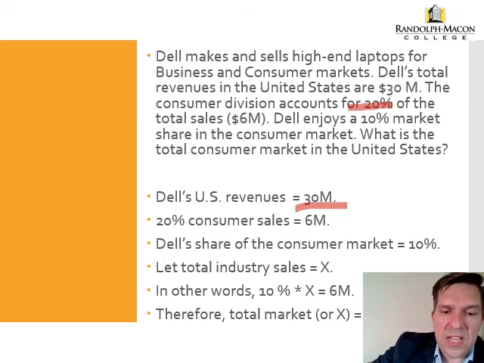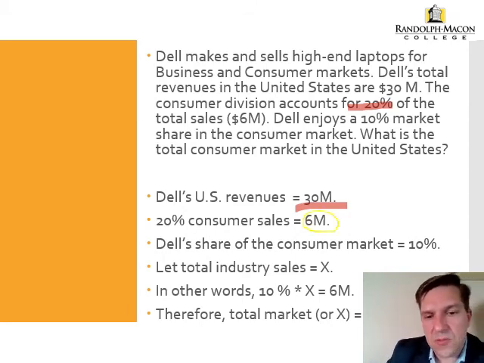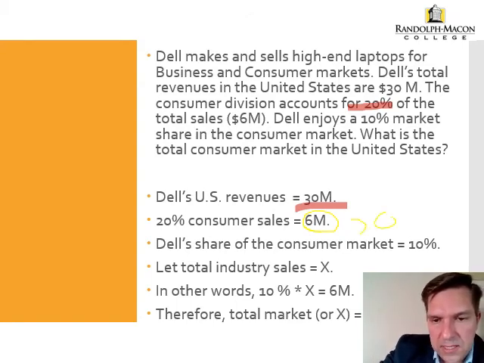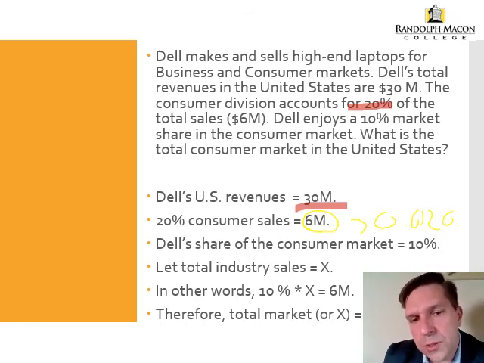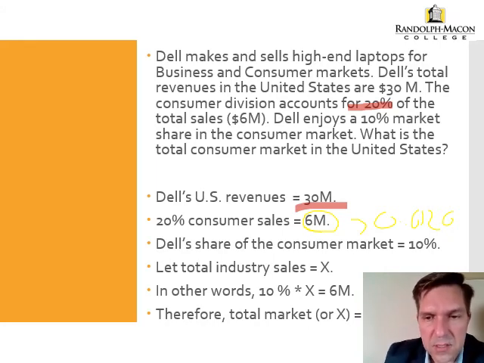So that's going to yield a consumer-based revenue of 6 million. When you multiply 30 times 0.2, you're going to get 6 million. Good.